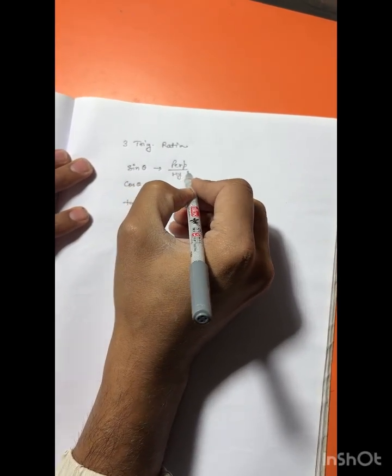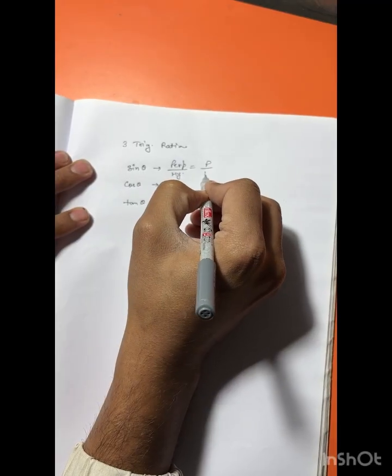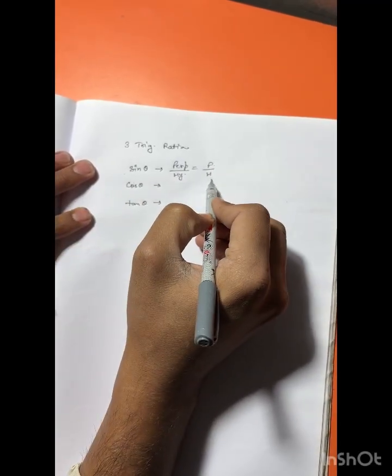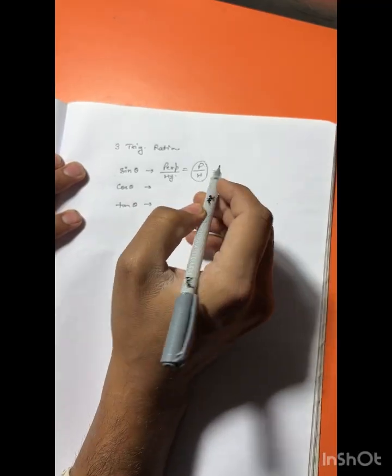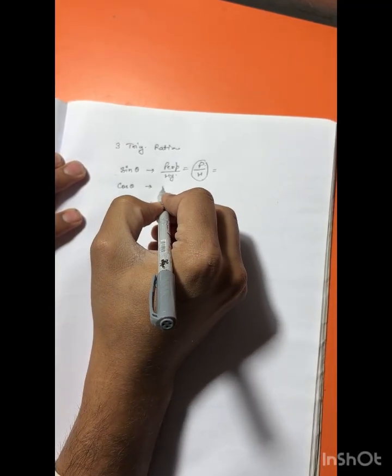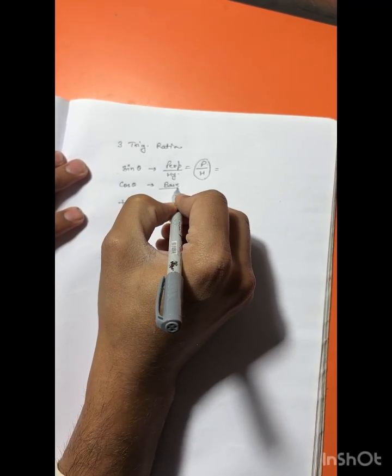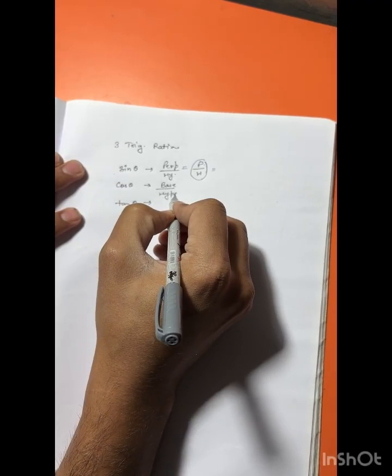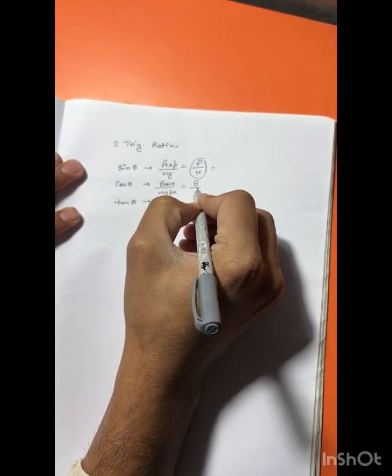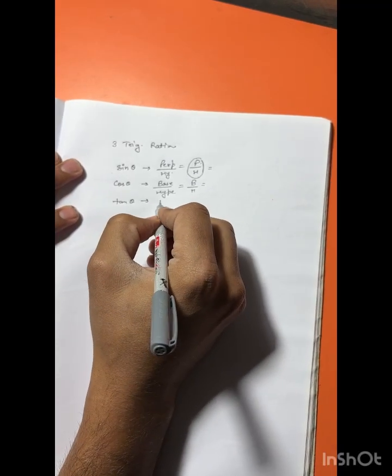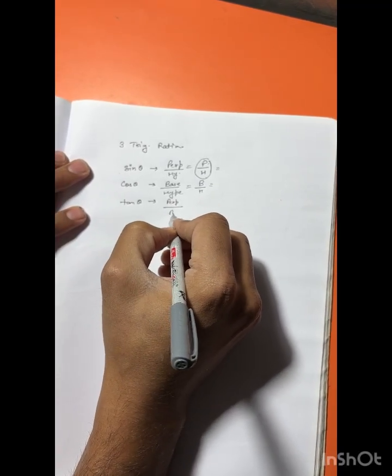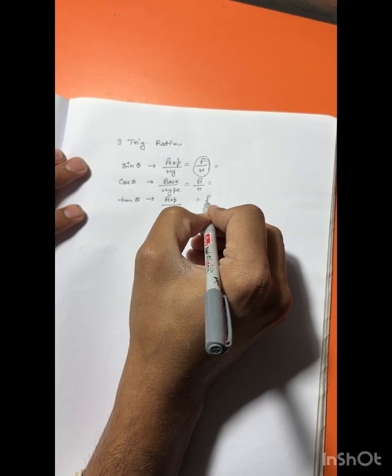Sine theta we can write as P upon H. Talking about cos theta, it is the ratio of base and hypotenuse. So we can write it as B upon H. And the tangent theta or tan theta equals perpendicular upon base equals P upon B.